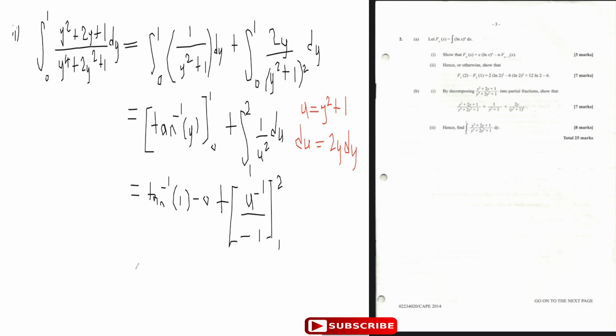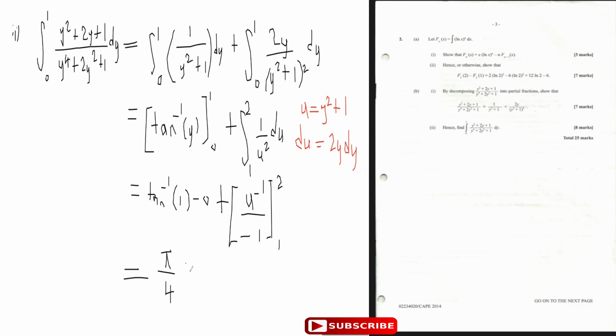Tan inverse of 1 is, I don't know, so I put it in my calculator. Tan inverse of 1, that looks like pi by 4. That's pi by 4.